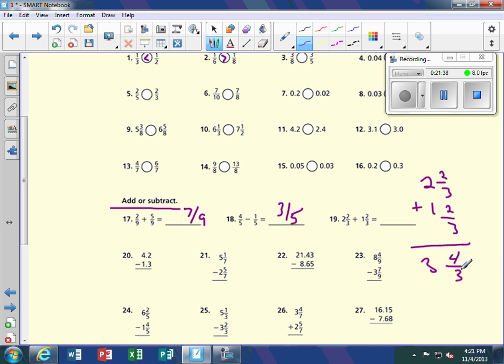So then we have to change that to a mixed number. 4/3 is actually equivalent mathematically. If you would take the 3 into the 4, you end up with 1 and 1/3. So 4/3 is equivalent to 1 and 1/3 plus the 3 you have, and then your final answer would be 4 and 1/3. Okay?